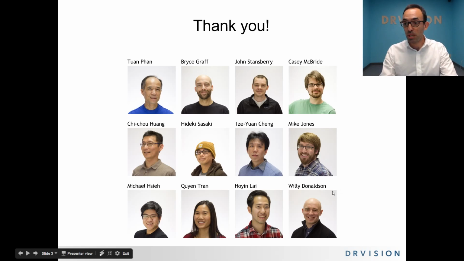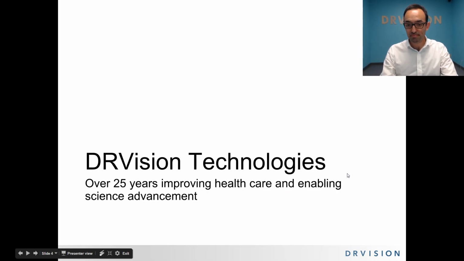DR Vision is actually a bigger group of people, and maybe we'll have a moment to talk about that later. So DR Vision Technologies has been around, or this group of people have been working together, for over 25 years in healthcare and also enabling science advancement.